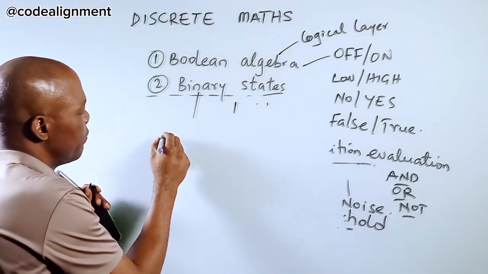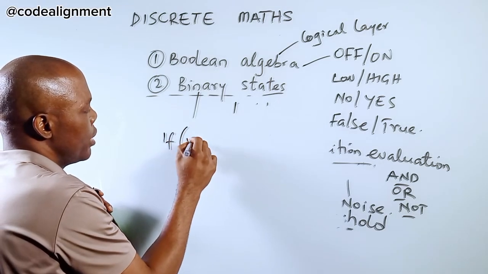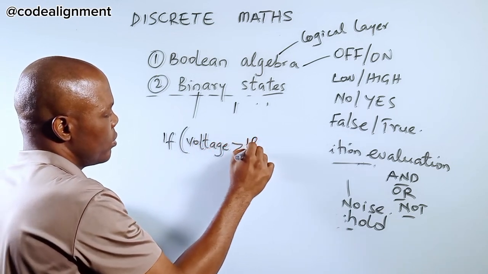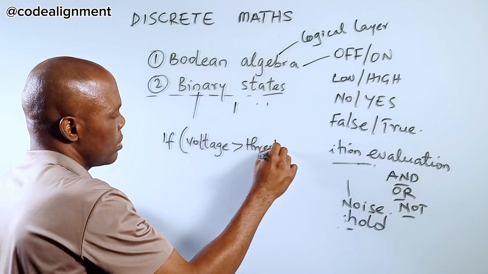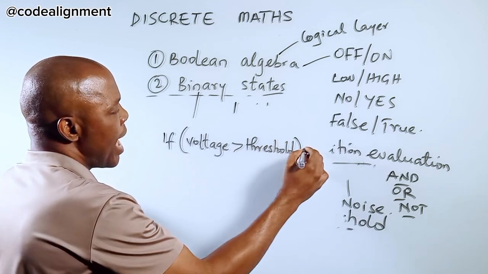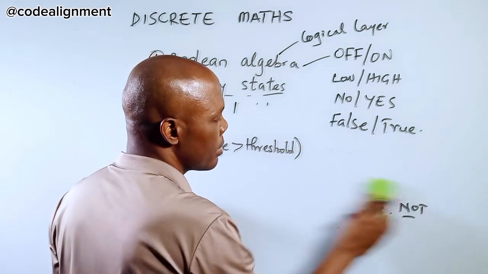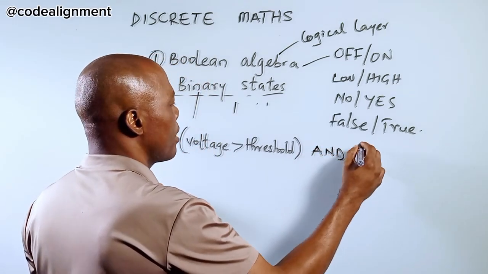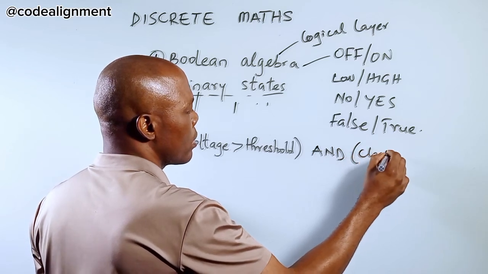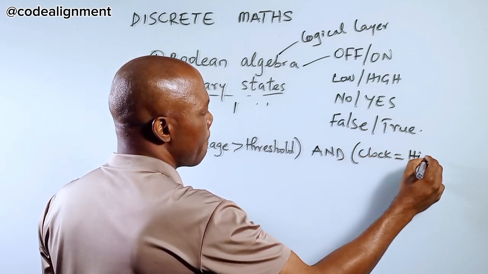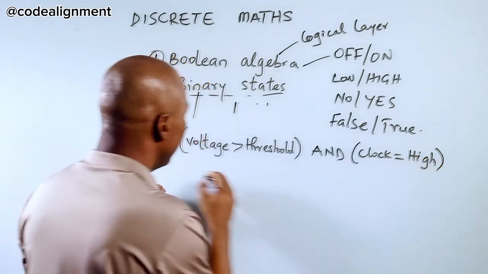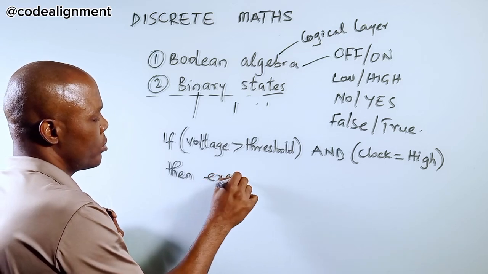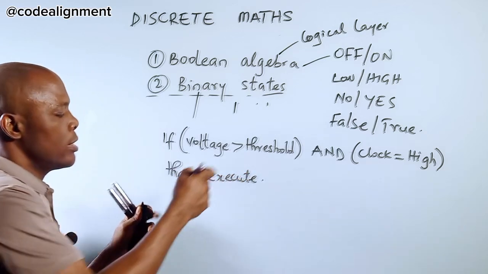So we can now say: if voltage is greater than threshold, and clock equals high, then execute. So this is it.